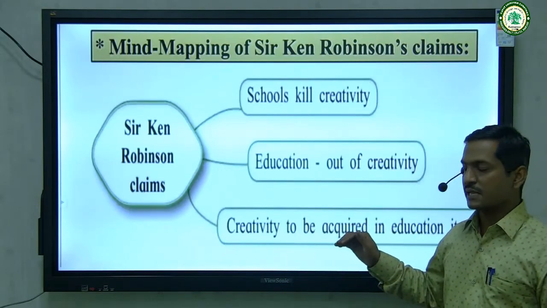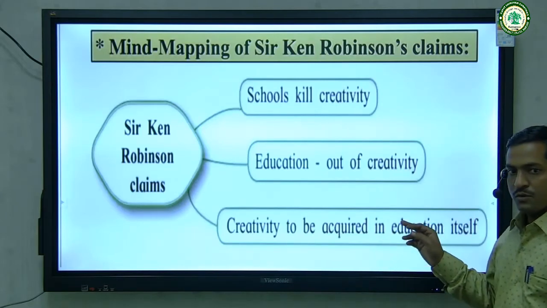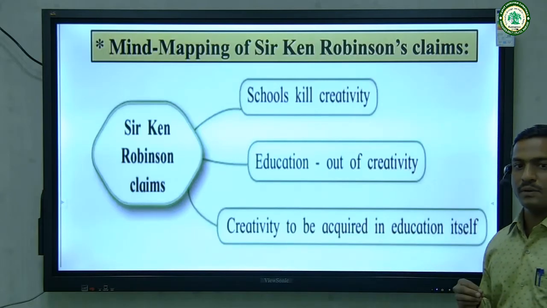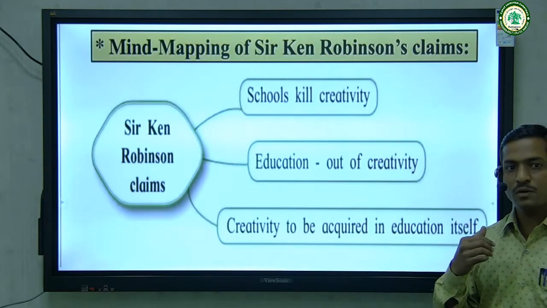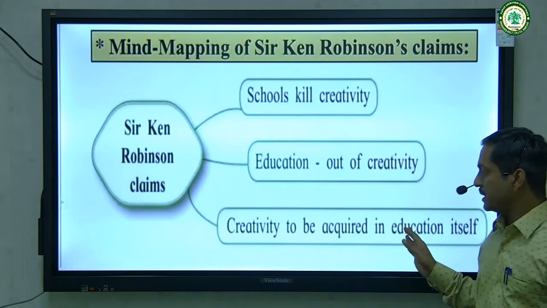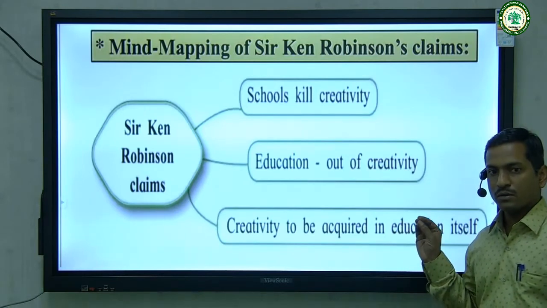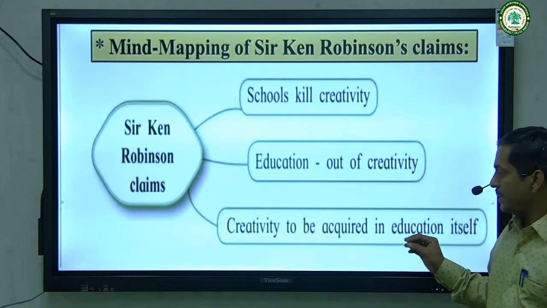Then he further says that creativity is to be acquired in education itself. We can acquire creativity with education itself, because in order to become creative students, we have to give the basic knowledge to our students in order to make them very creative.